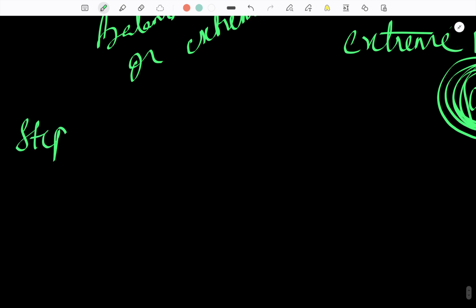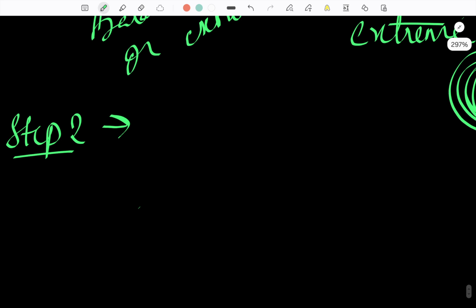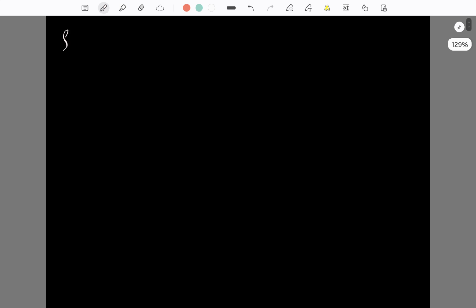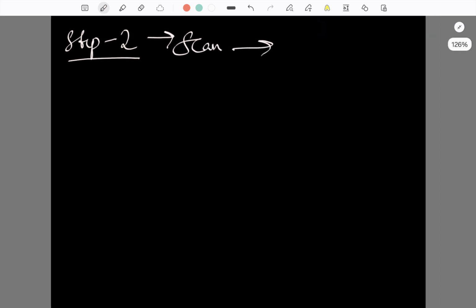Step 2: scan the answer choices for extreme words. Step 2 is so simple and best. You need to scan all the options.